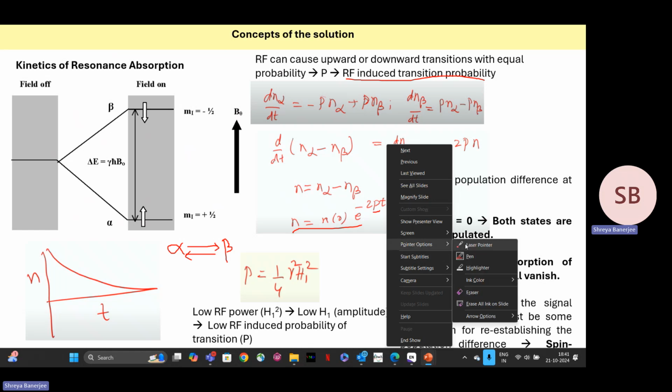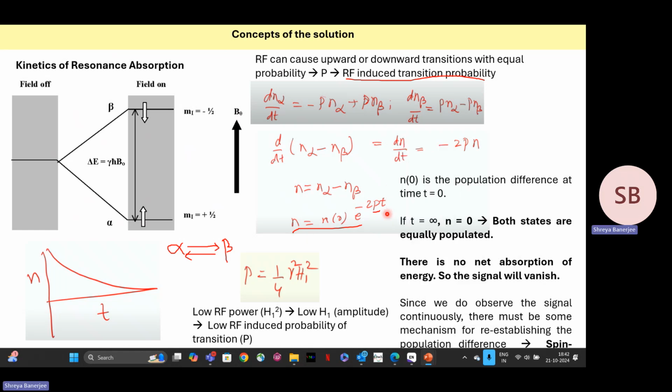This transition probability is defined by this equation, which is 1/4 into gamma squared, which is the gyromagnetic constant squared, into h1 squared, that is the RF power that is applied. So the probability of transition is dependent on the square of the gyromagnetic constant and the square of the RF amplitude.